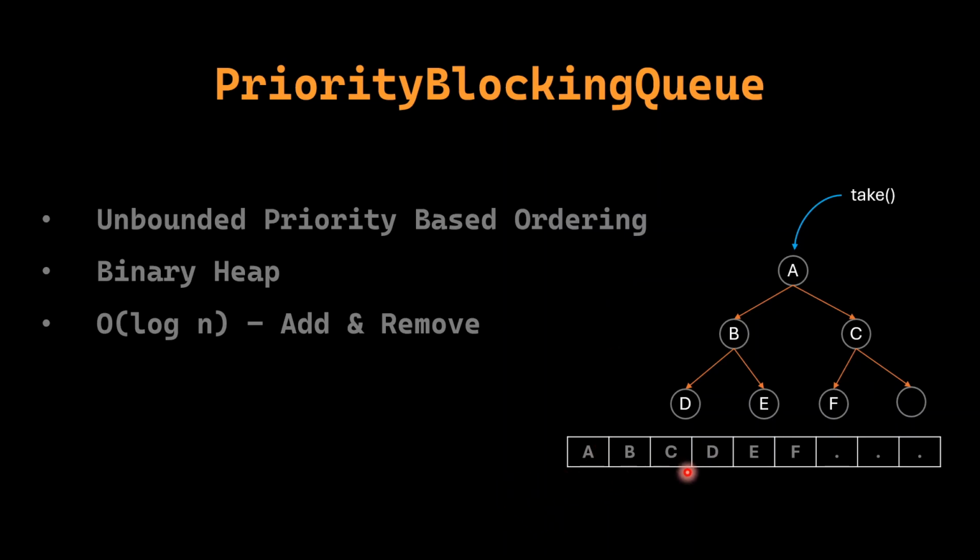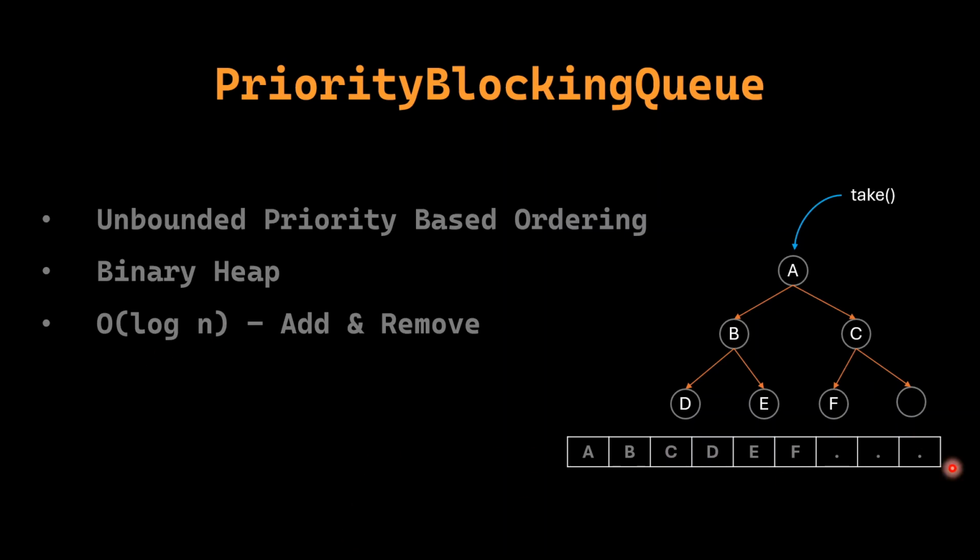The array grows automatically as needed, similar to ArrayList. This design provides O of log n time for insertions and removals, which is slightly slower than O of 1 operations of other blocking queues but necessary for maintaining priority ordering.